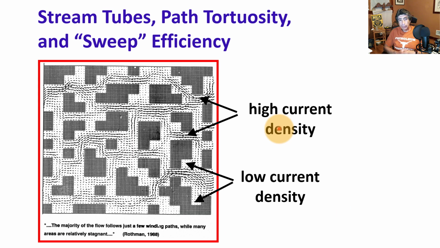And here's another interesting plot that was put forward by Rothman in a landmark paper to show, for instance, that when you have a very complex distribution of pore sizes and throat sizes, and you apply electrical conductivity, or even a pressure gradient, the arrows that you see here are indicating the density of flow. So there are some sections of this rock, wherever you go, that have good density.